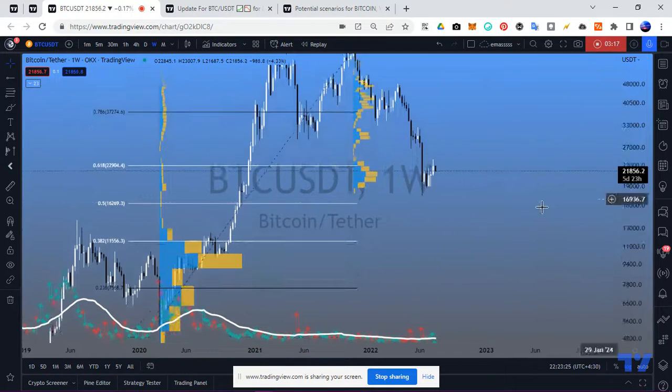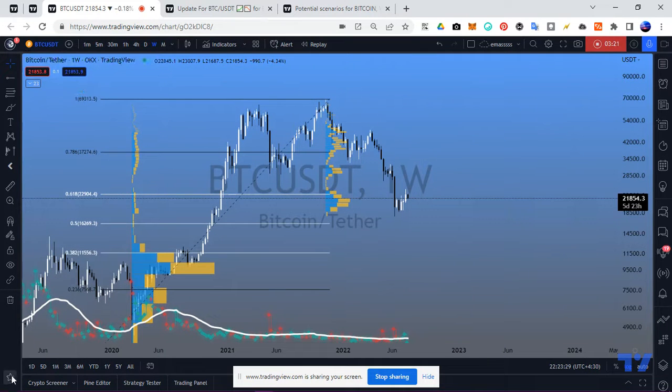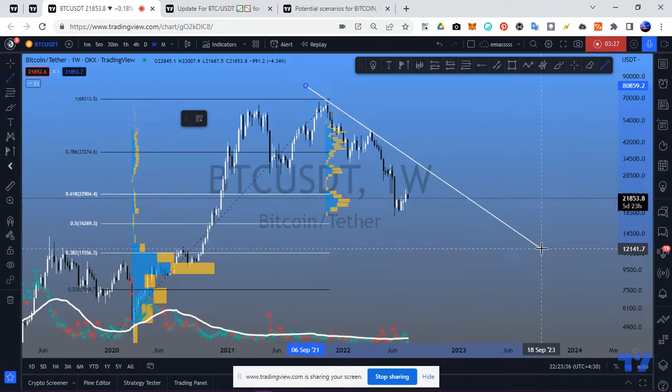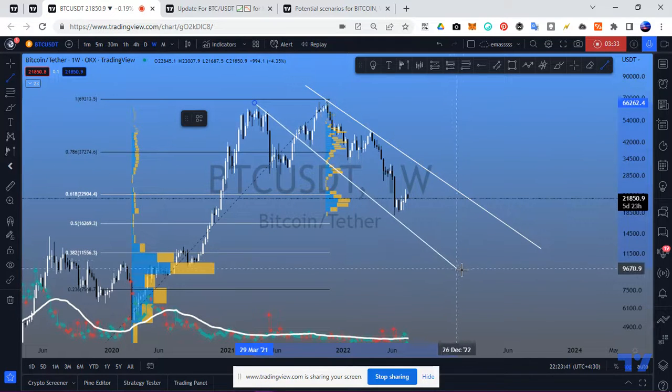So as you can see, I can also draw trend lines for the current movement of Bitcoin. As you can see, one of them is here, another is this.